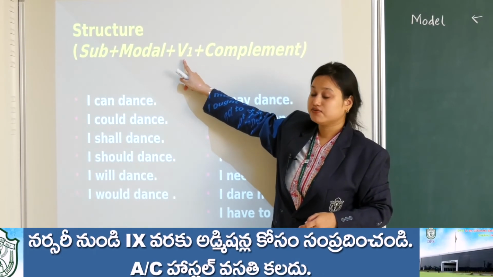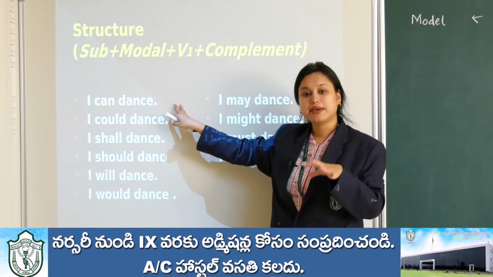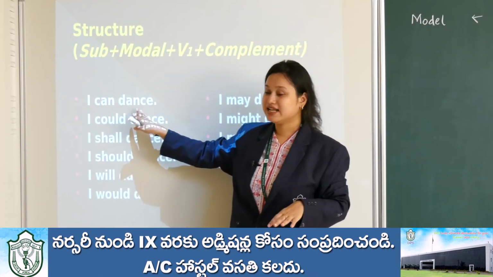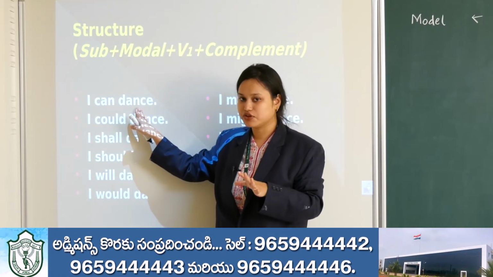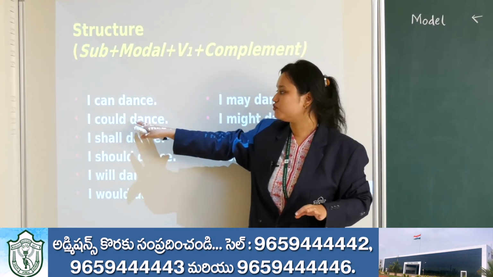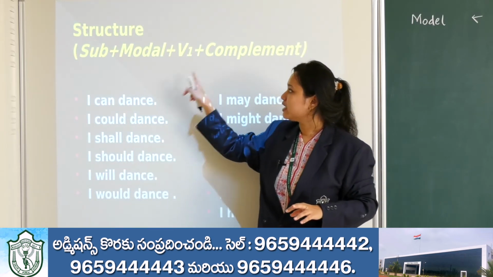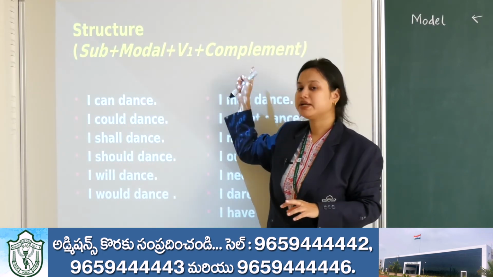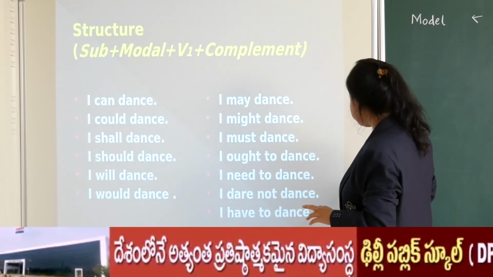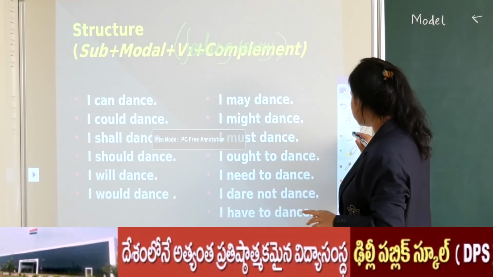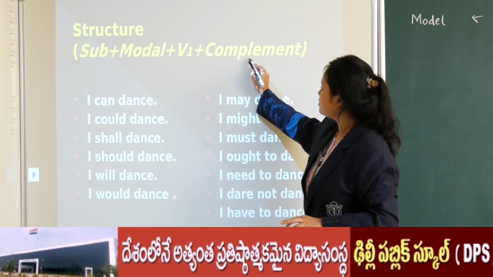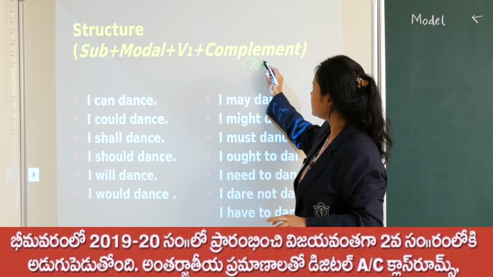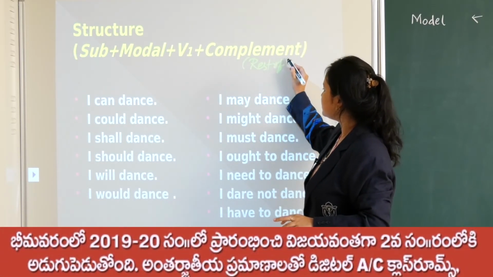Plus V1. V1 means the base form of the verb. Dance is the V1 form, danced is the V2 form. And then the complement. What is complement? Complement means the rest of the sentence.